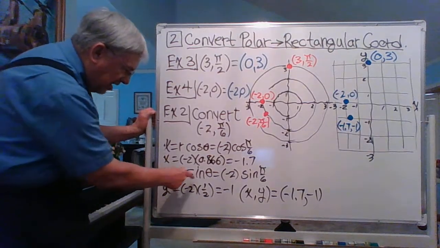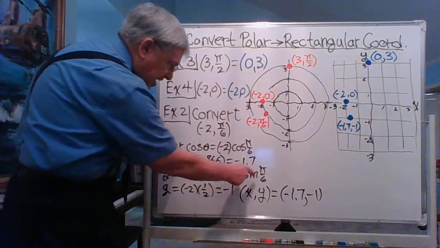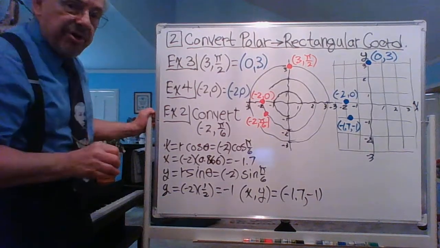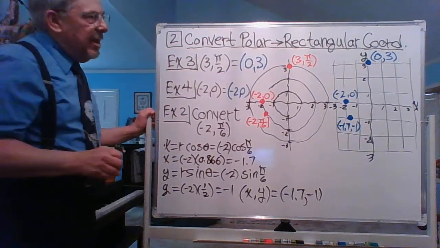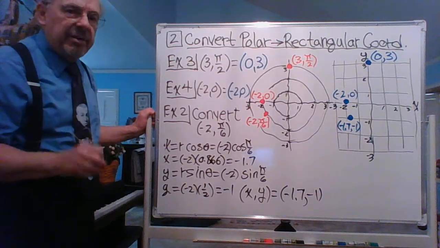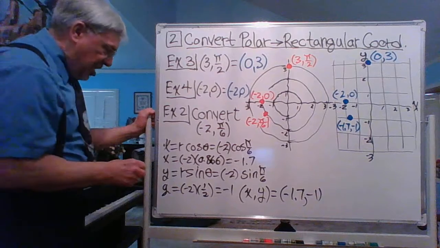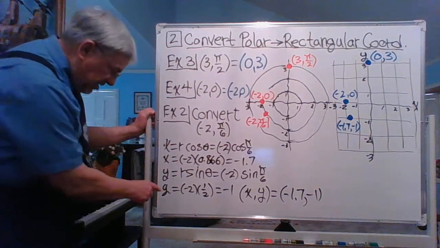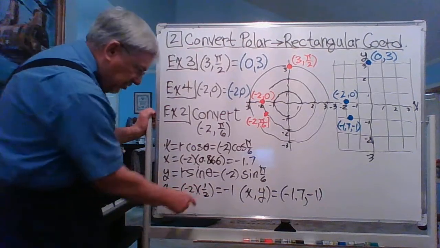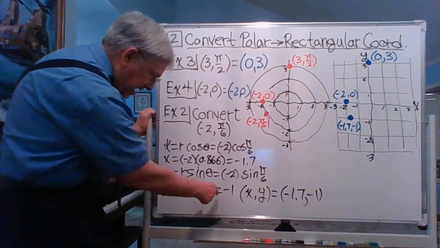Y is equal to r sine theta, or -2 times sine pi over 6. And if you want to review your unit circle values, look at page 615, which has all the unit circle values on them in a big circle. So y is equal to -2 times the sine of pi over 6, which is 1/2, or -1.